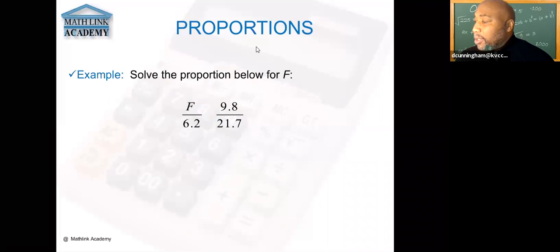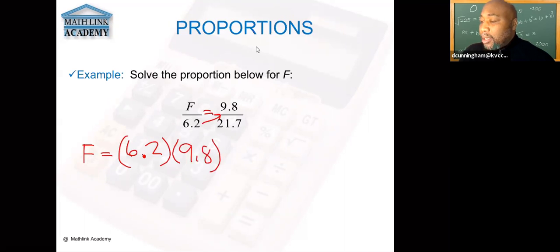So let's clear our marking. Again, these are equal. So all I need to do is get rid of the 6.2 to get f by itself. So f is equal to 6.2 times 9.8, and all that's divided by 21.7.